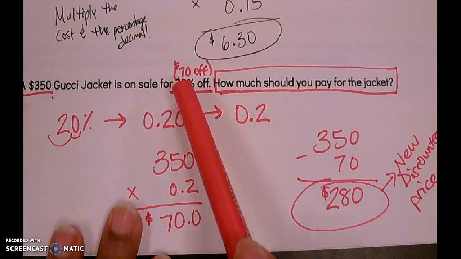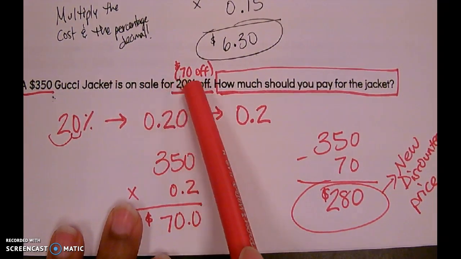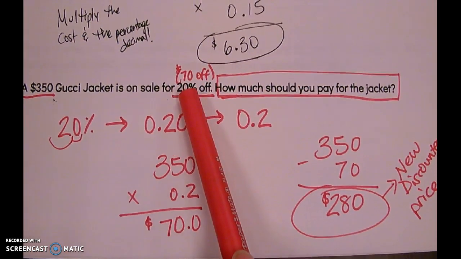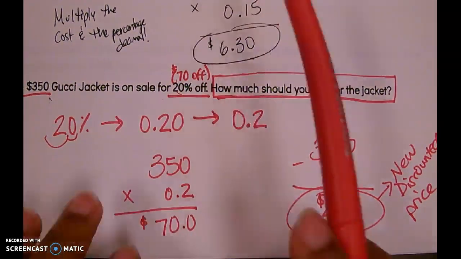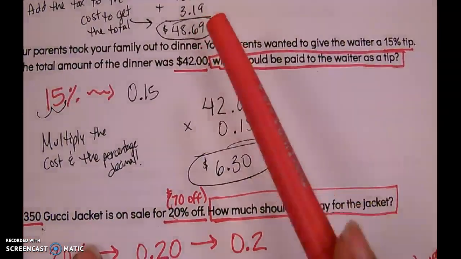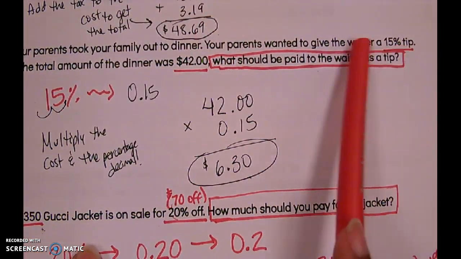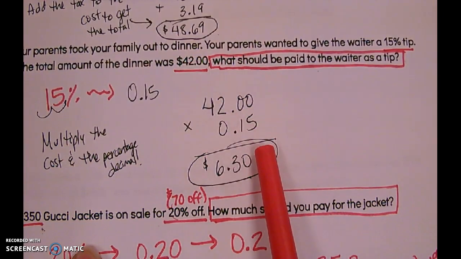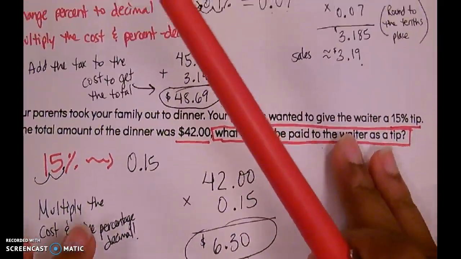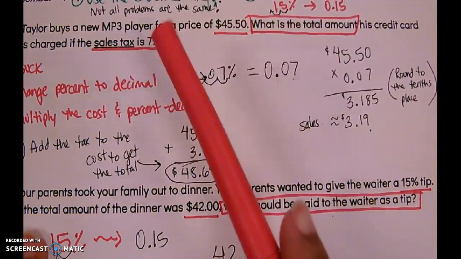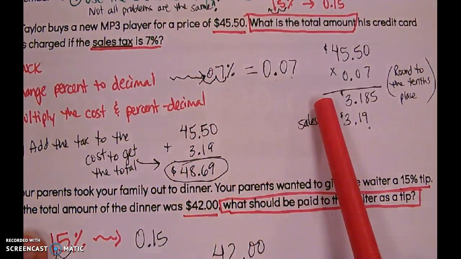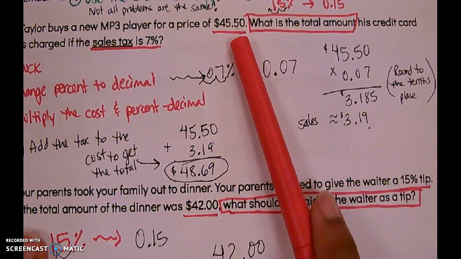This percent is just going to tell us, in this case, what chunk of this amount we are taking away. Back in our second problem, this percent was telling us what amount based on this total we should pay to the waitress. And back in our first example, this is telling us about the amount that we are taxed based on the total price of this product.